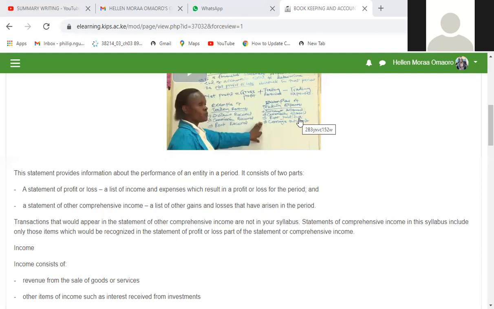Okay, for example, if you go to the market to buy goods, the amount which you spend to go to the market, is it a trading expense or a private activity expense? You have gone to the market to purchase goods for selling. How do you transfer that?